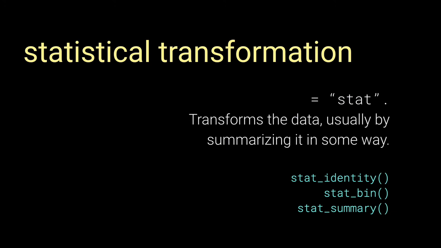It's just displayed as is, but there are some geometries that are associated with particular statistical transformations, like geom boxplot or geom histogram, where you're binning your data. But most of the time, if you don't notice something explicitly, your statistical transformation is probably just the identity transformation.